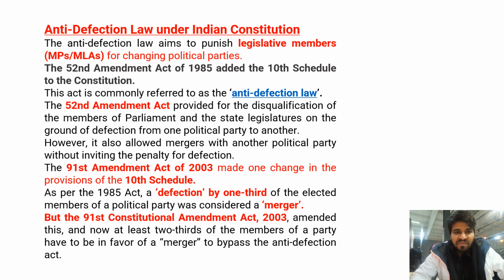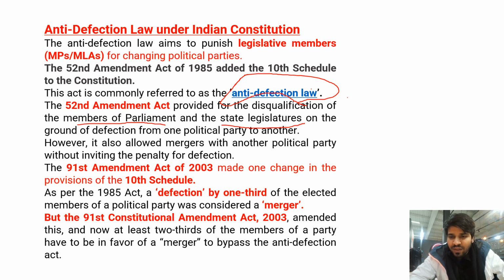Under it, members will be disqualified from being a member of Parliament, and it is also valid for state legislatures, on the ground of defection from one political party to another. So it is not just applicable to Parliament, but also to the state legislature, right?